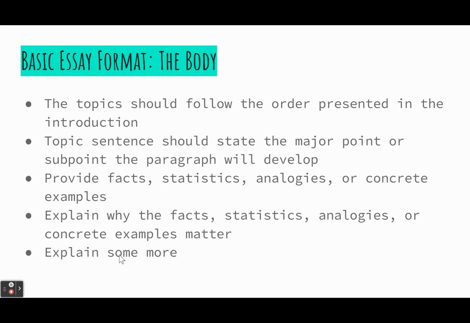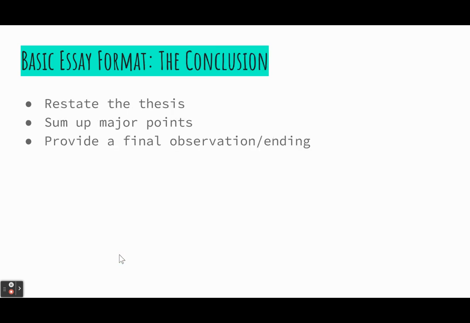There should be some explanation, and there should be some more explanation. Claim, data, warrant. And when you get to the conclusion, restate the thesis, sum up your points, provide a final observation and ending.